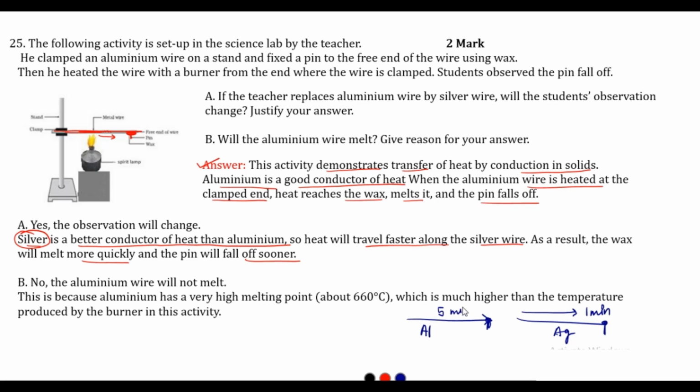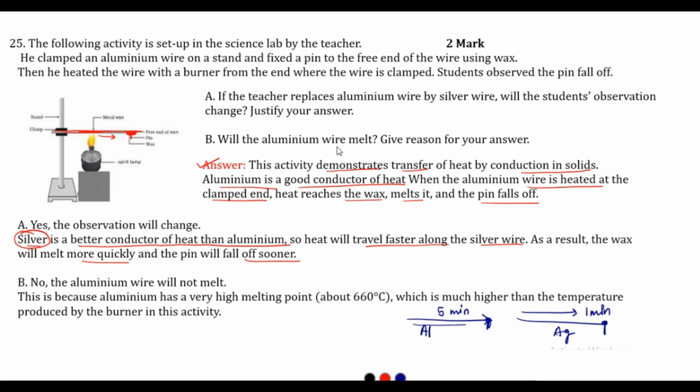Just imagine, roughly I am telling, it is taking 5 minutes. So aluminium is taking more time. Means the conduction of heat in aluminium is slow compared to the silver, because silver is the better conductor of heat. This is the explanation of the question A. And if the time is less, then the pin will fall sooner.